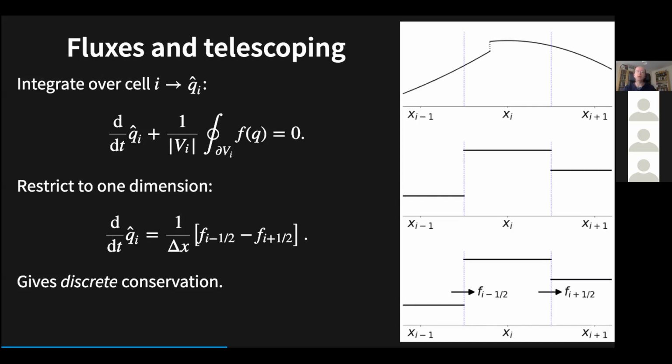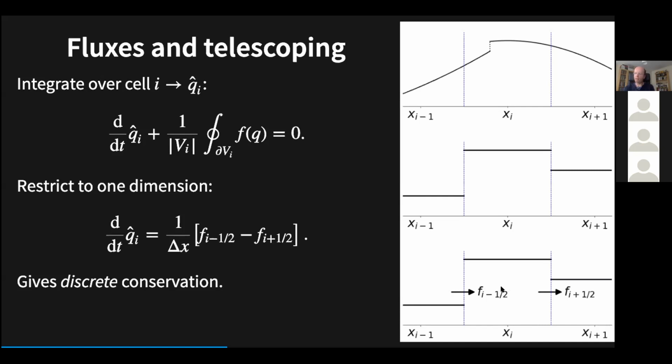Because of the way that the normals to the boundaries work, what we're left with is the interpretation that the cell integral average is updated by the flux out.